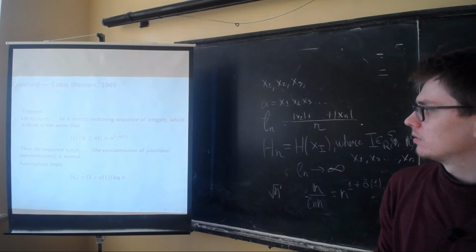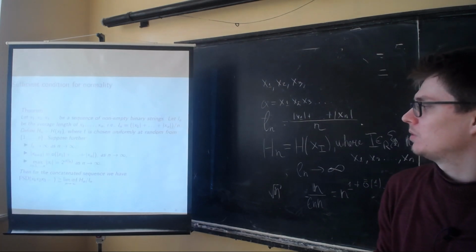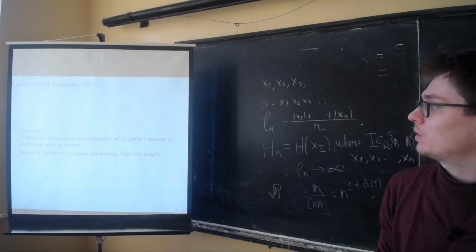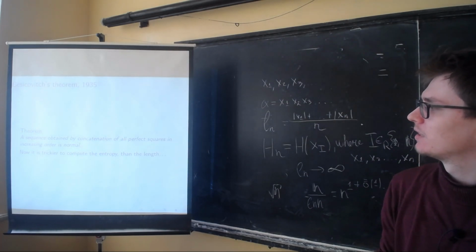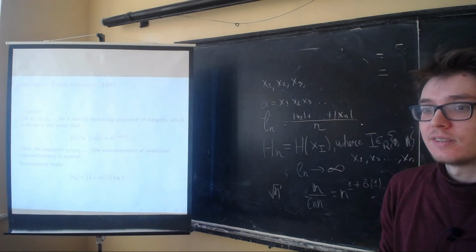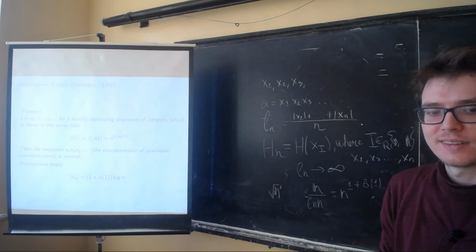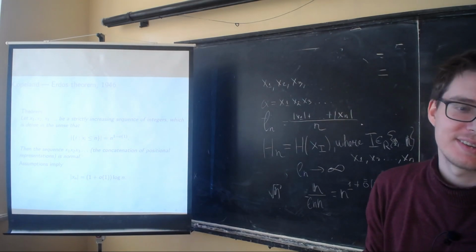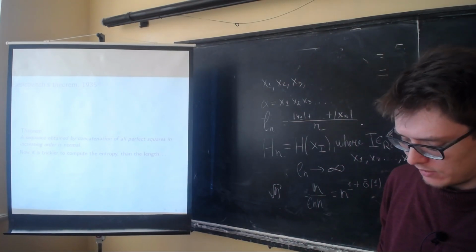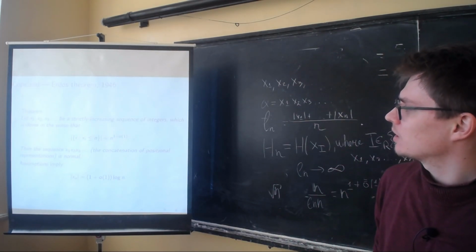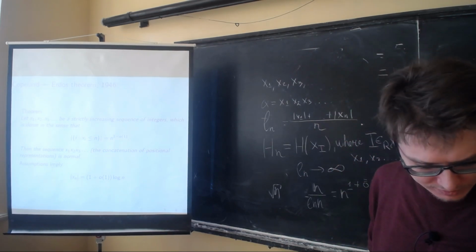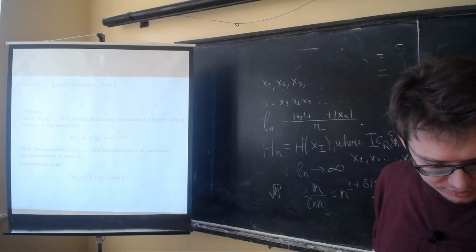And so another example, maybe more interesting. What happens if you take all perfect squares? 1, 4, 9, 16. So now the previous theorem doesn't work, because it's not dense.